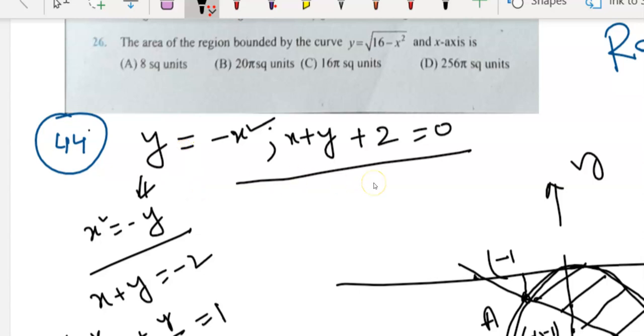So you must shift it upward by 1 unit first, then find the area. So a greater part of area has to be covered. This is the graph we have drawn for y equal to mod x plus 1. Here we will shift the origin by 1 unit. Origin shifted to this point, minus 1, 1.